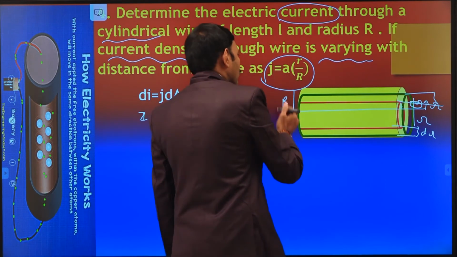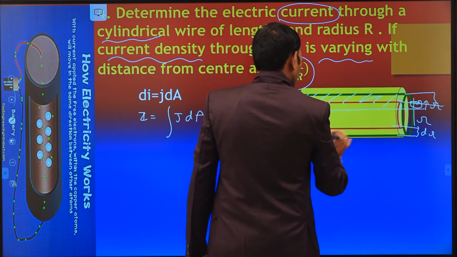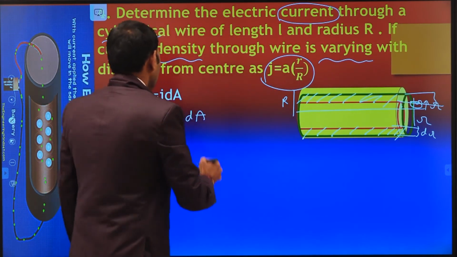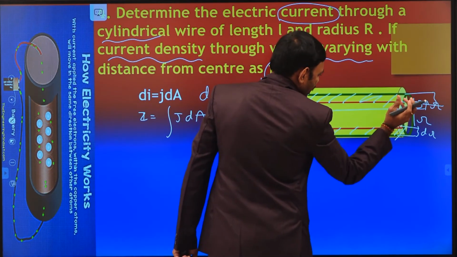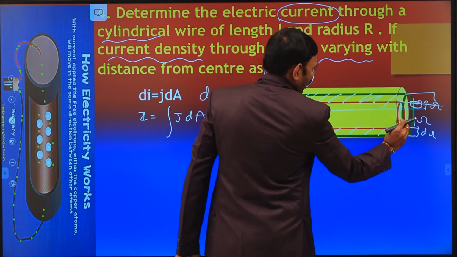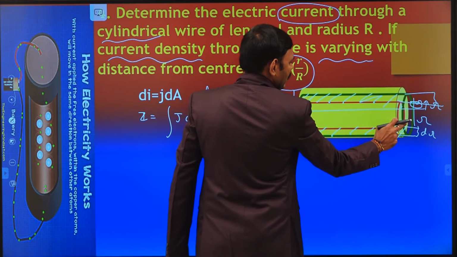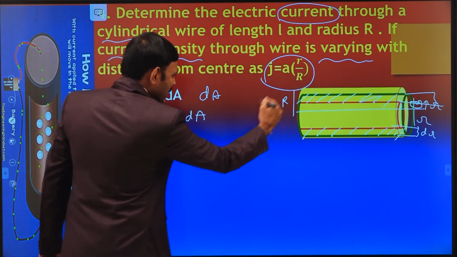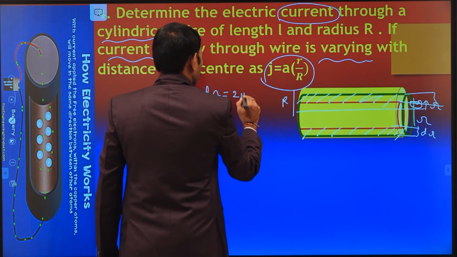Then the area covered, I am shading here. The area covered is equal to, very important point, 2 pi r dr. Here dA is the area of the shaded part. At radius small r in the given cylinder, we consider an element of width dr. Then the area of the shaded part, dA, is equal to 2 pi r dr, length into breadth.